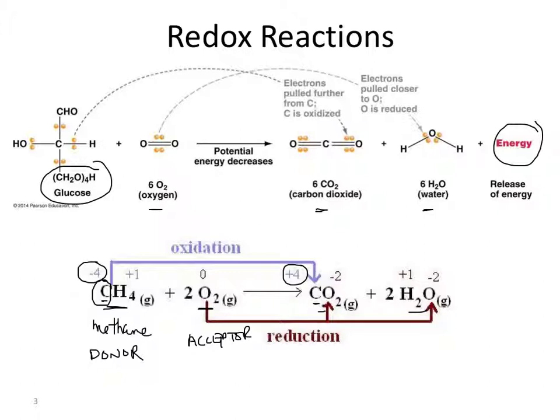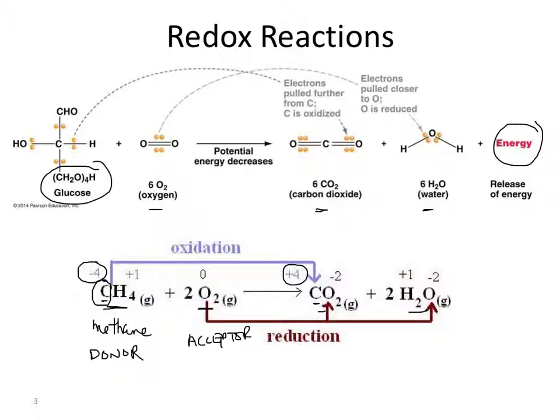I'm not going to review how to calculate the oxidation state of atoms within a molecule, but it is described in the appendix of your textbook, and you should have notes on that from your general chemistry classes. So for this carbon to go from a -4 to a +4, it's becoming more positive. So it must be losing electrons in order to get more positive. If it's losing electrons, then it's giving them up, and that means that it is the donor.